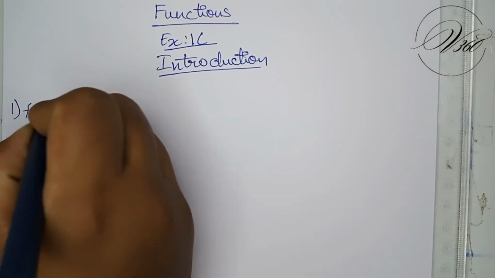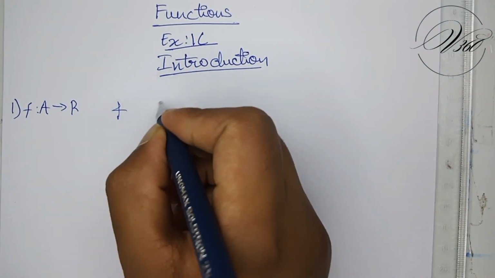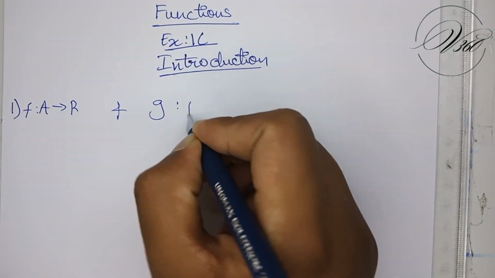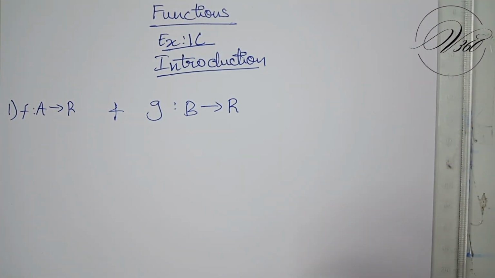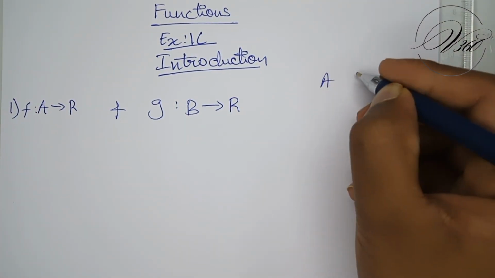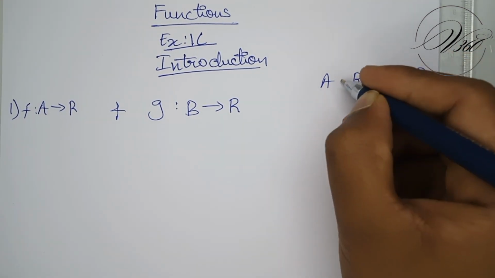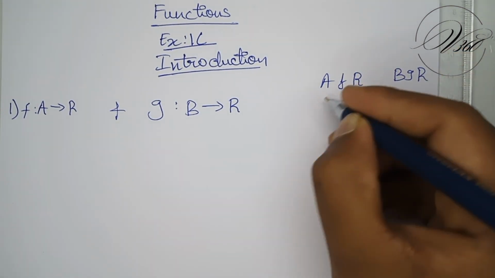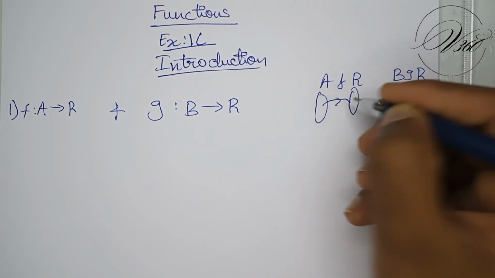f maps A to R and g maps B to R. Now here A, R and B, R, this is in between f, this is in between g. Like this, right?